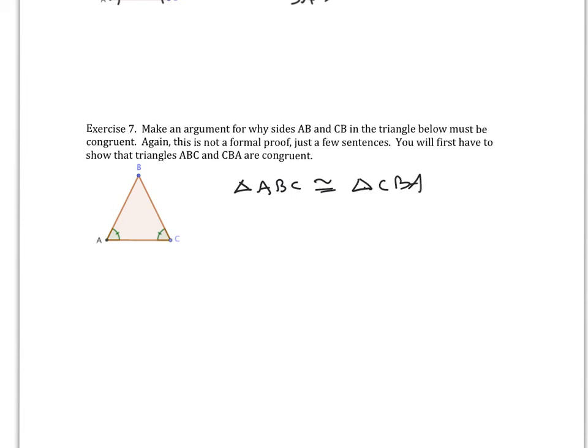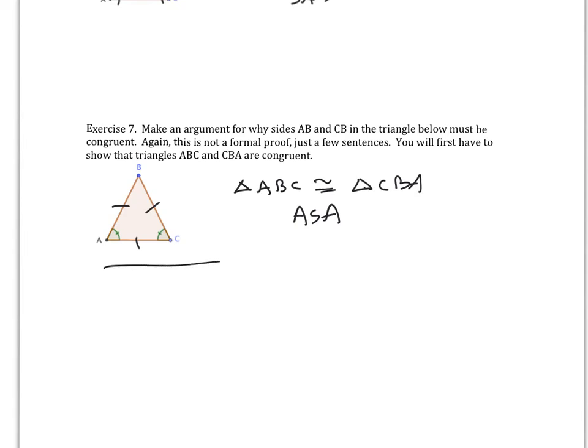So we can say that angle A is congruent to angle C, and angle C is congruent to angle A. So we have two pairs of congruent angles for these two triangles, and then we have that this side is congruent to itself. And so this is a true statement, and we've proven it by using ASA. And what that means is because AB and BC are corresponding parts of what are now known to be congruent triangles, they must be congruent.